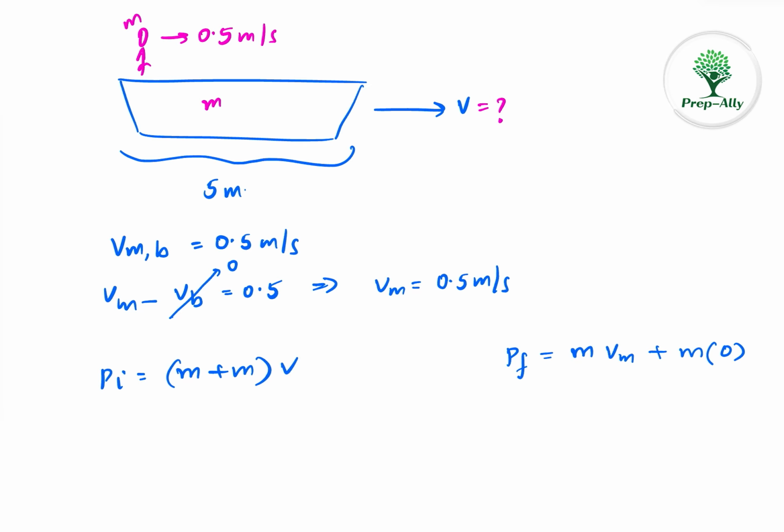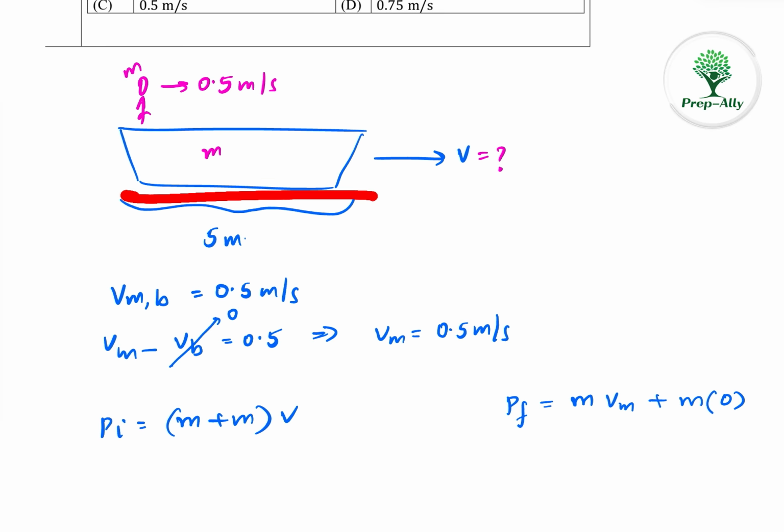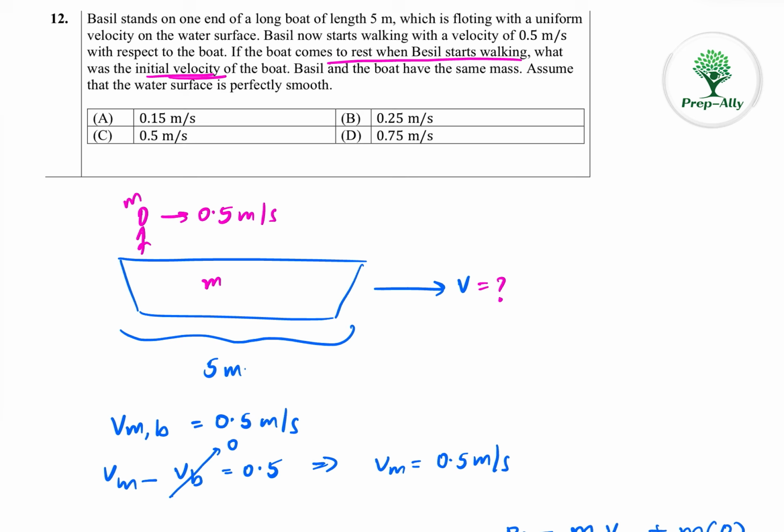Now you see here, if you take this whole thing as a system, there is no external force. Even the water surface is said to be smooth, so there is no friction there. The only forces acting here are on the man, there is friction forward, and on the boat there is friction backward.